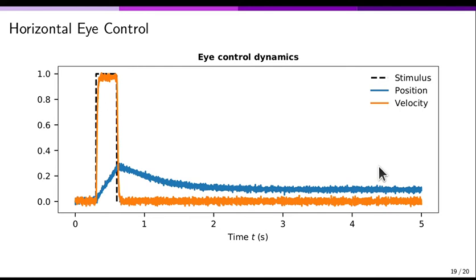One thing I definitely want to point out is that this can be some of the very first things where we're trying to take the techniques we're describing here and apply them to actual biological systems. There was an example briefly mentioned a while ago about horizontal eye control.